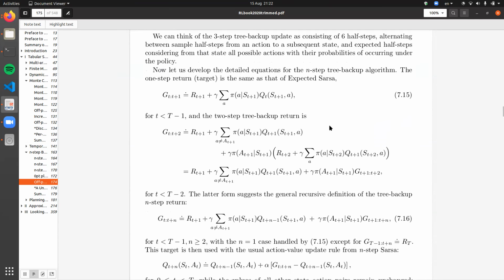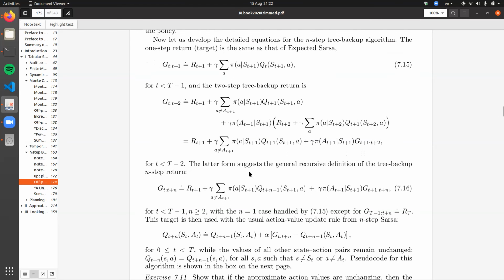Let's see. So here is one-step Sarsa, right? We estimate our expected returns as a sum of a reward and the expectation over all actions of q at s_{t+1}, right?